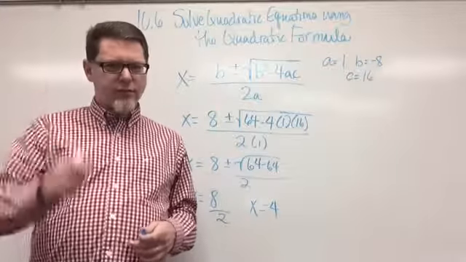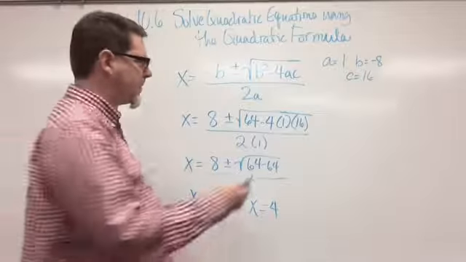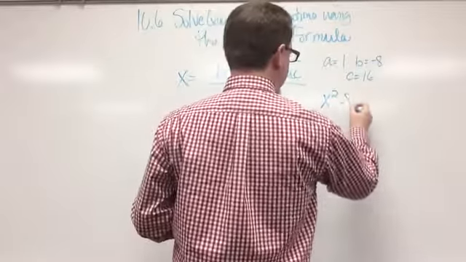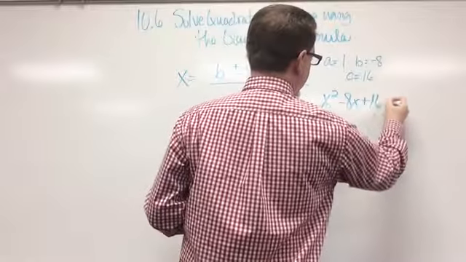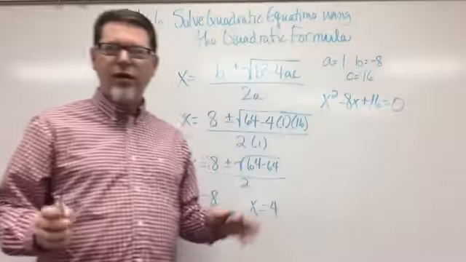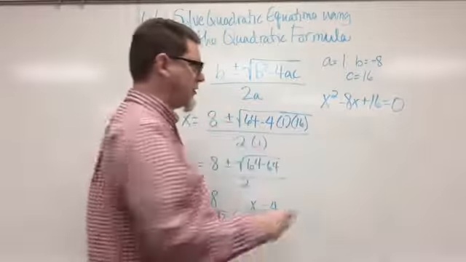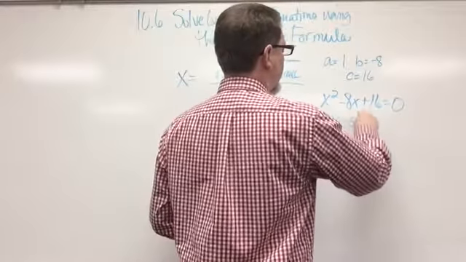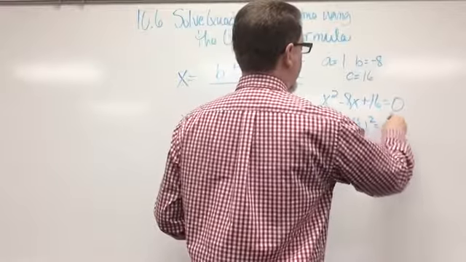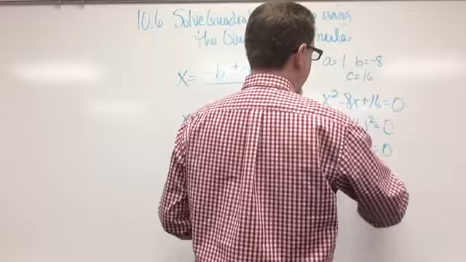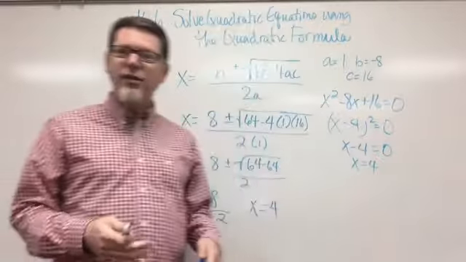Now you're probably thinking, but Mr. Cohen's, x squared minus 8x plus 16 equals 0. Some of you figured out a long time ago that's a perfect square trinomial. And you could factor it, x minus 4 squared equals 0. So x minus 4 equals 0. So x equals 4. You're exactly right.